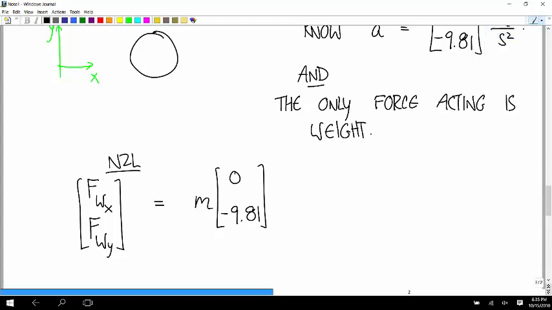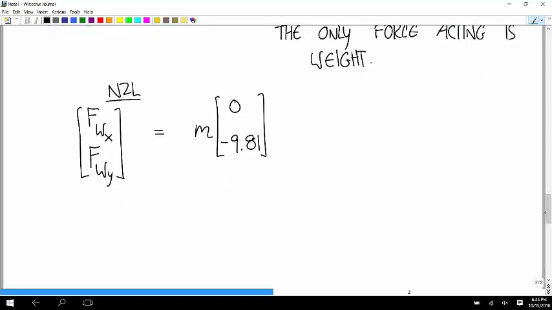And now we can break this up into two separate equations. The x and y equations, what's happening in the x component doesn't have any effect on what happens in the y component and vice versa. So I'll break this up into an x component equation that says F sub W x component is equal to 0 times m. So that's 0.